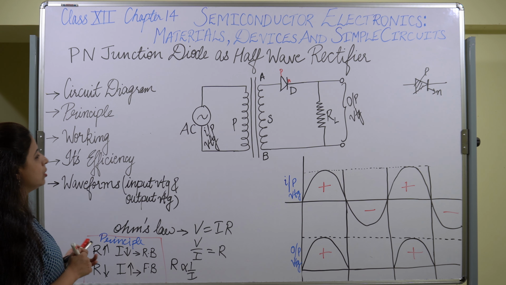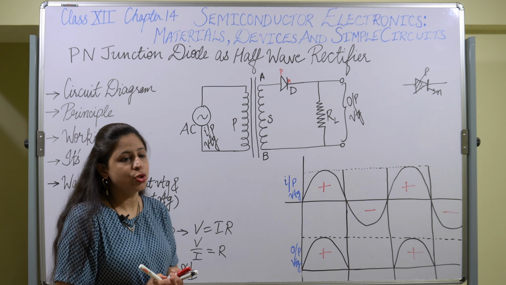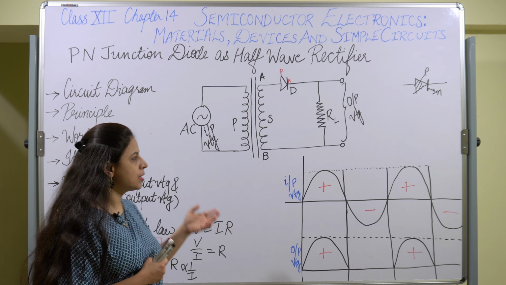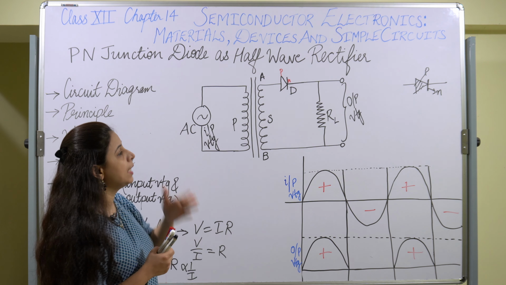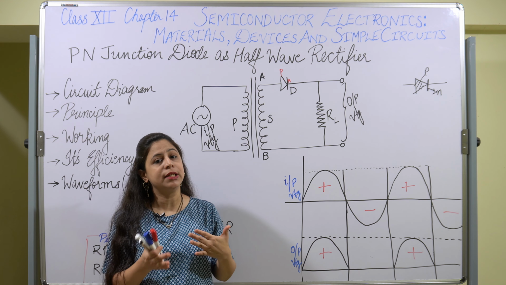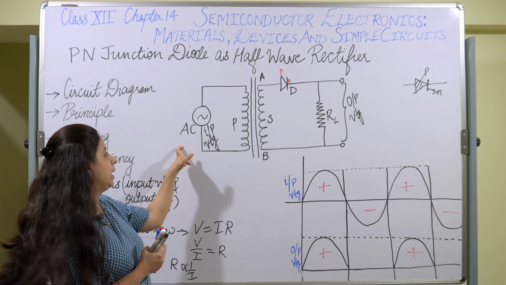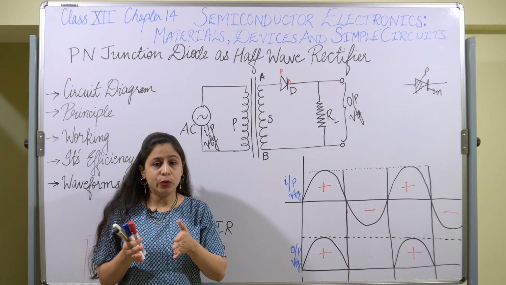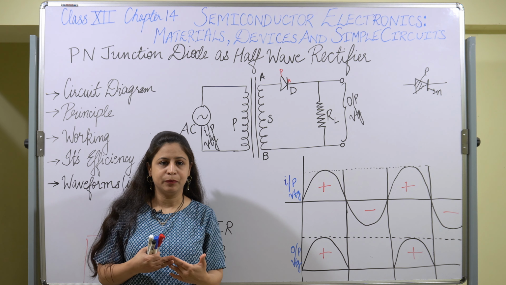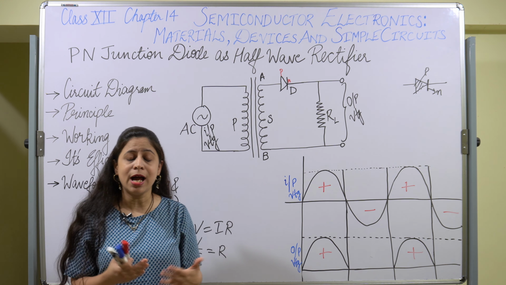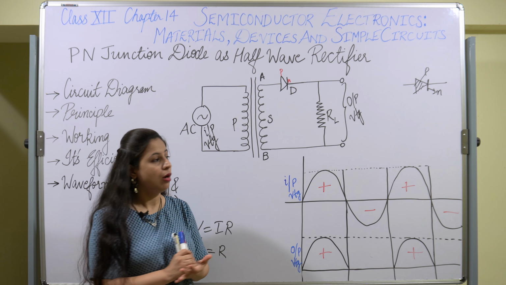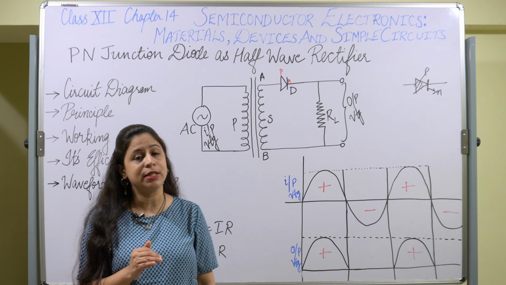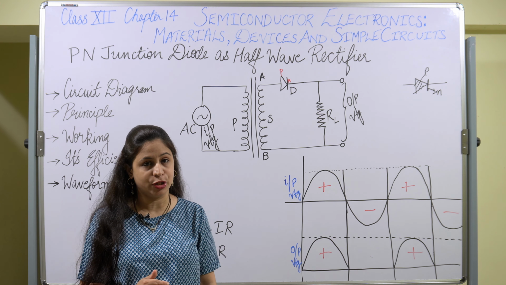Okay, so let us start with the working. Before moving on to the working, let us first understand what an AC voltage is and what a DC voltage is. An AC voltage or AC signal is that signal which changes its sign periodically. But DC has a constant value and does not change its sign periodically.